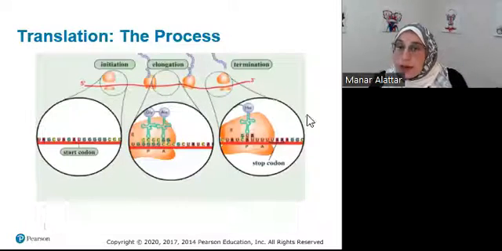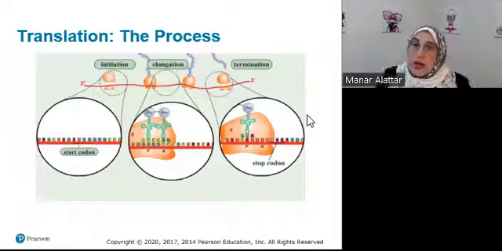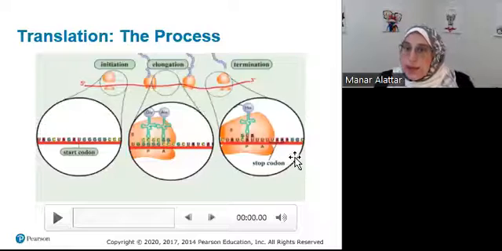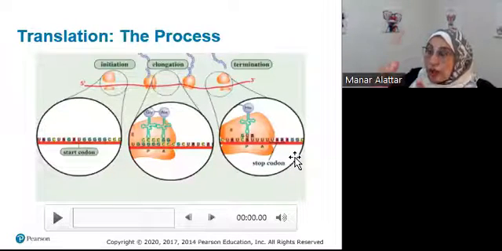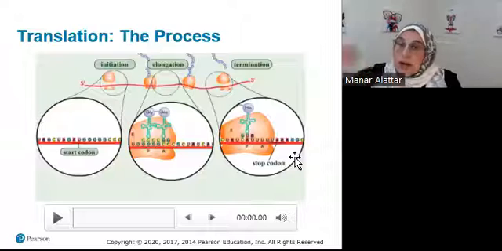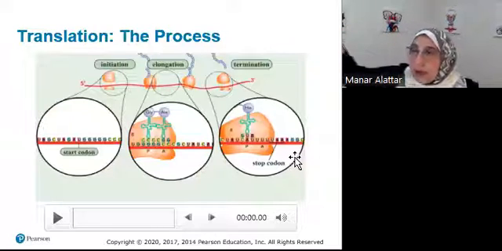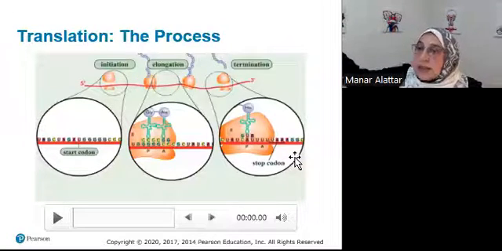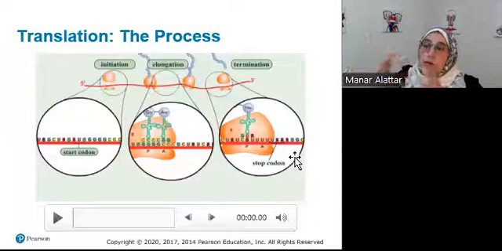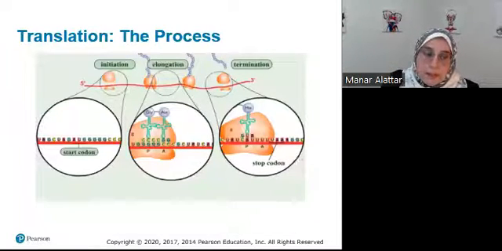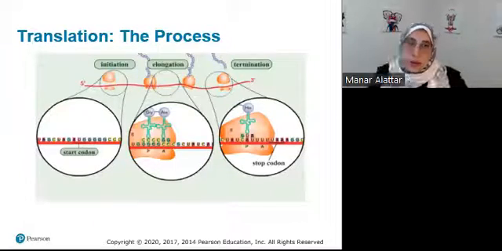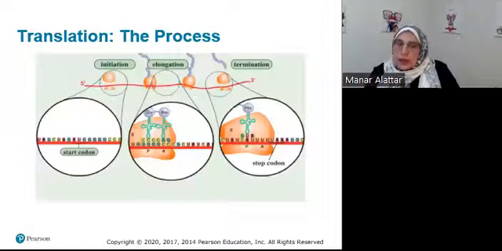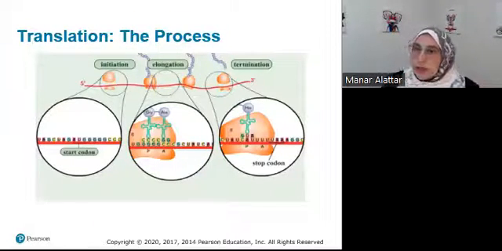Then those amino acids form a long chain, and that's through elongation. And eventually that process is terminated once you come to a stop codon. Then that long chain, or polypeptide chain, or chain of amino acids, can go off and be folded into a functional protein. Essentially, those are the processes that we're going to focus on for the first part of chapter 7.